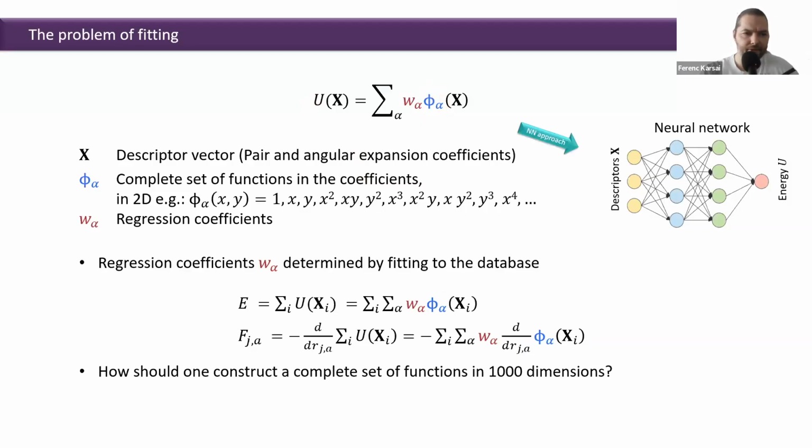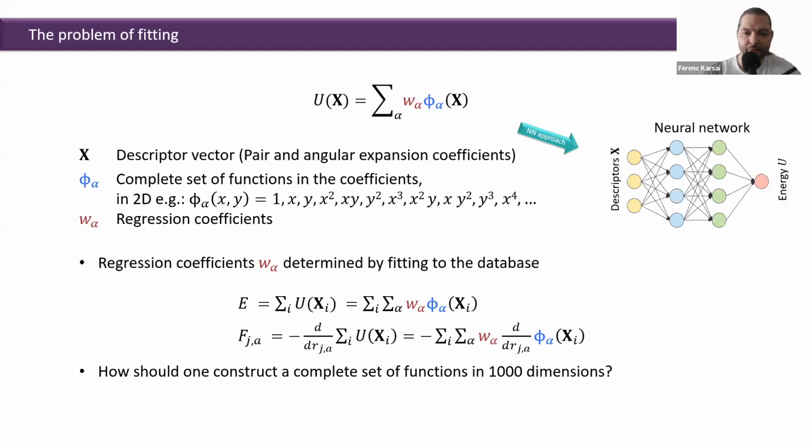Then in just a simple 2D example, we need a complete set of functions like written here, with the complete set of all combinations of x, y, and their powers. So this would also mean we need to construct a complete set of functions in 1000+ dimensions.